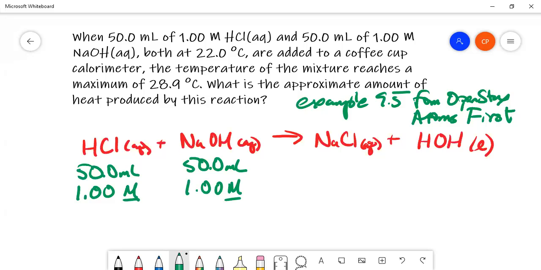Because if I've got the same volume of the same concentration of two things I'm reacting in a 1-to-1 ratio stoichiometry wise, well, what's going to be the upshot of that? What's going to be what I'm reacting? I'm going to be reacting equal moles of each of these things. So I'm using everything up in the reaction, which is one way I can know that the reaction is happening as efficiently as it possibly can.